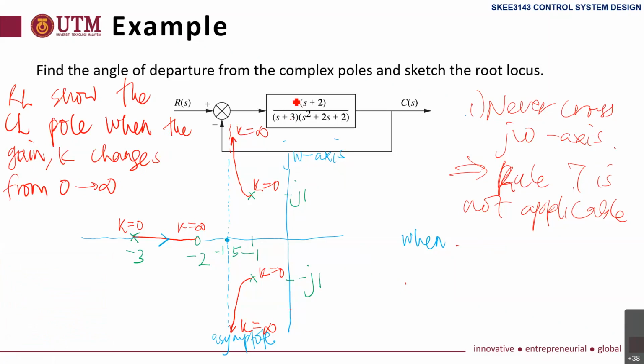Remember this K. When this K changes from 0 to infinity, this is how the root locus looks like.